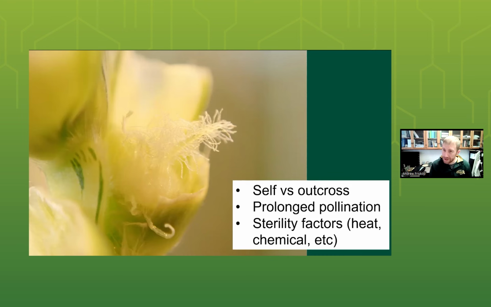Some of the other factors that can increase your ergot risk is anything that can damage the floral parts. And this could be heat, could be chemical, it can be freeze, anything that can damage that female stigma that doesn't allow it to receive the pollen is going to increase your risk for ergot.